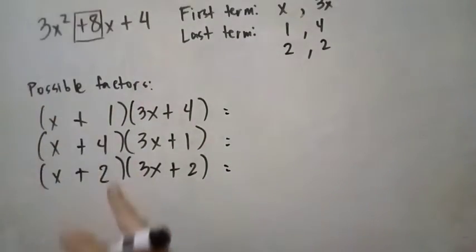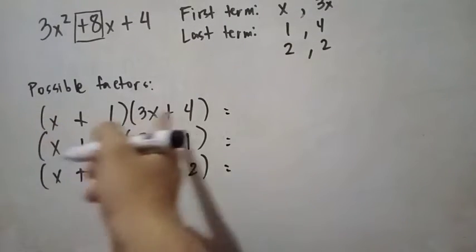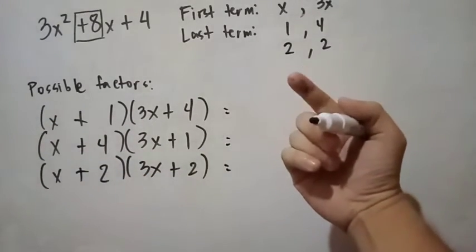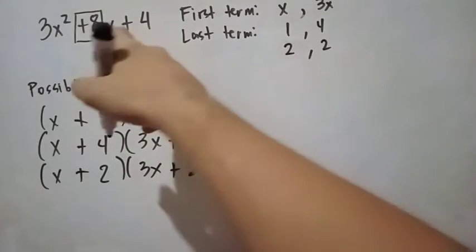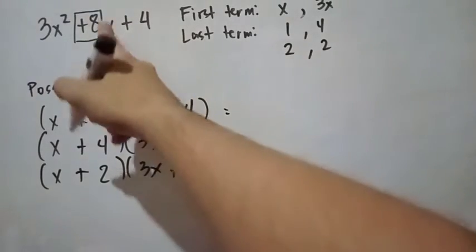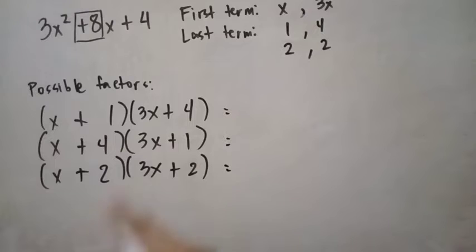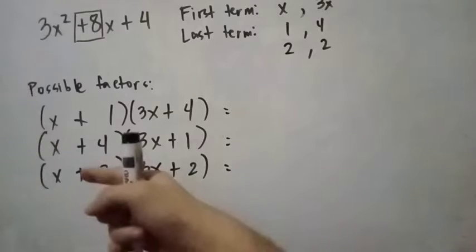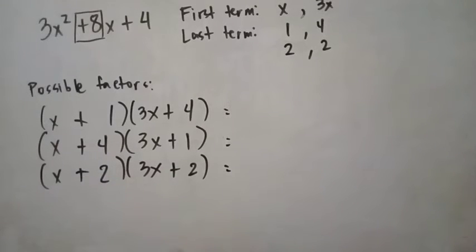So anong gagawin natin? Siyempre, imumultiply natin yung bawat pairs of binomials at tignan natin kung mayroong nag-match yung product nila dito. Okay. Kaya lang, para makatipid sa oras, di ba, gagamitin natin yung FOIL method sa pag-multiply ng dalawang binomials.